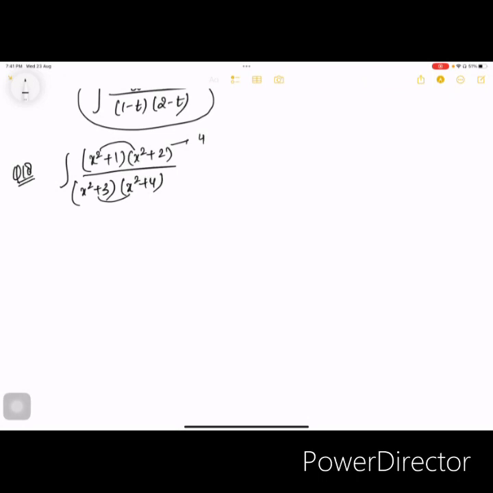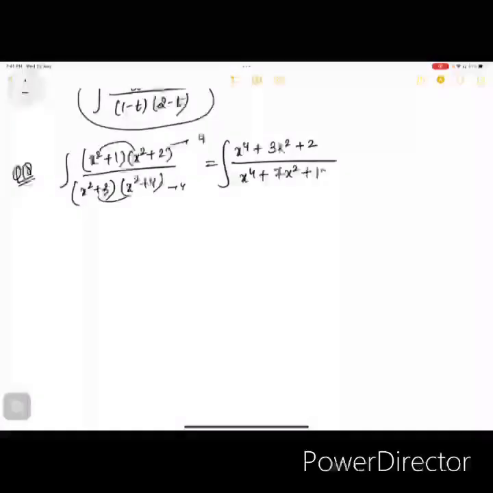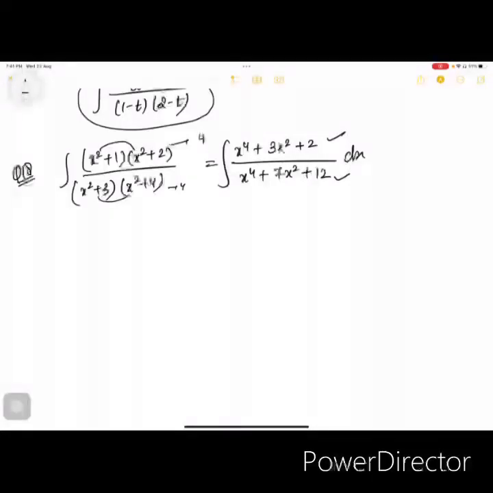The degree of denominator is also 4. Okay, firstly rewrite it as 3x square plus 2, just opening the brackets of numerator and denominator. The degree of numerator is the same as the degree of denominator, and in this case we will perform the division.